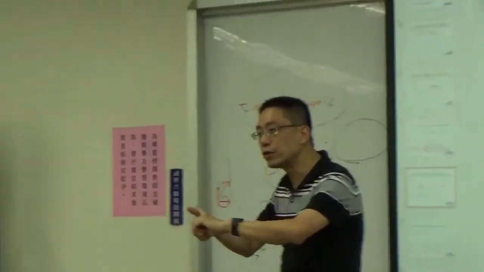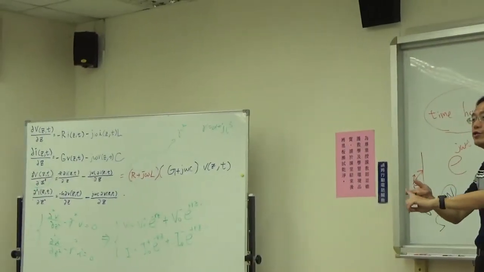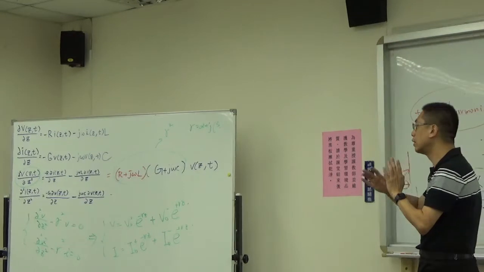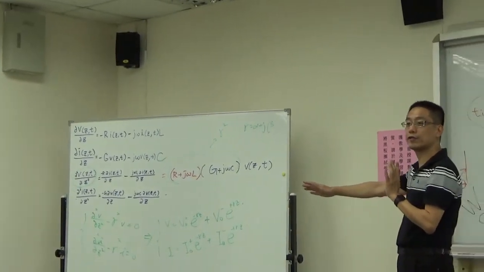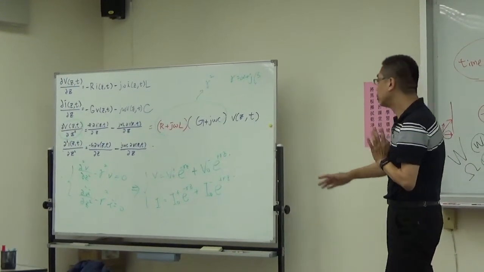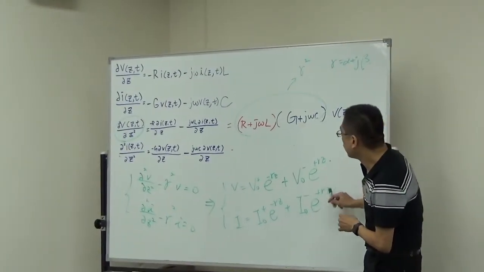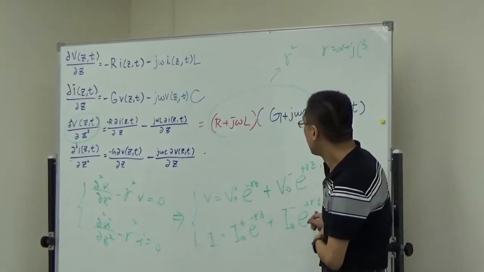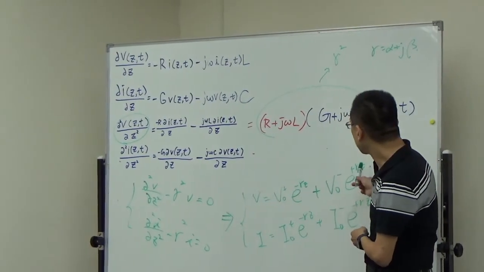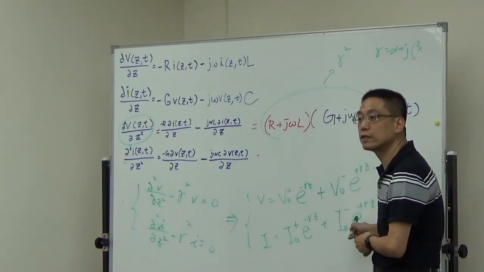The voltage equation and the current equations on the high frequency transmission line. To understand this, maybe this is only the result using Z as the component.